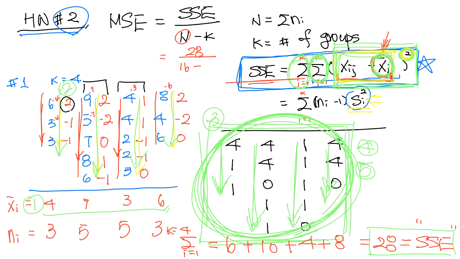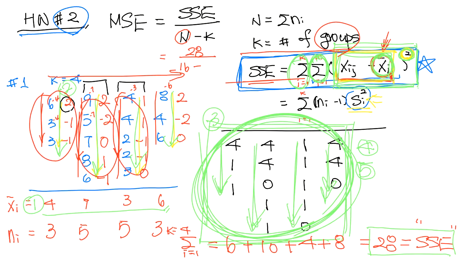Minus K, number of samples, number of groups here: 1, 2, 3, 4. So MSE will be 28 divided by 12, which is 2.33. So that is the MSE.